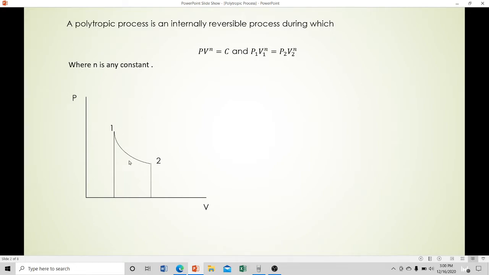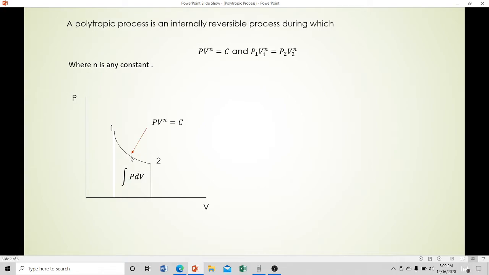This curve obeys PV^n = C from the initial state to the final state, or from state 1 to state 2. So the area under the curve of this PV diagram is equivalent to the work done.